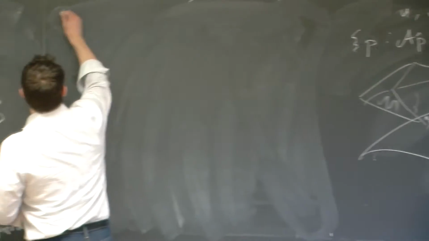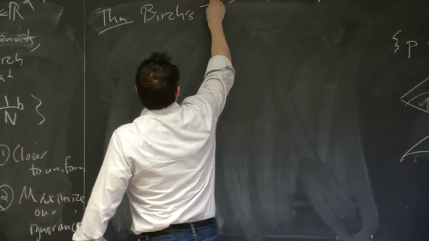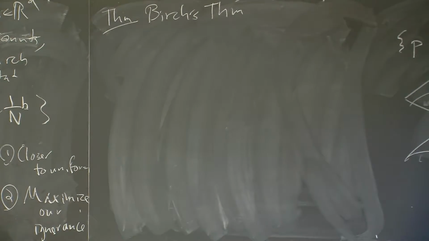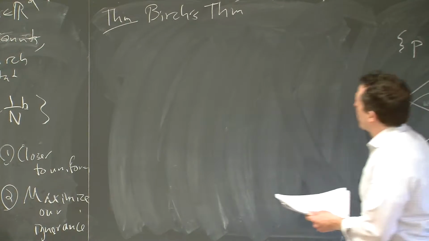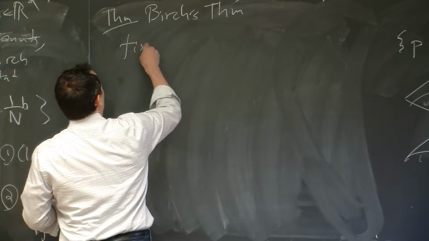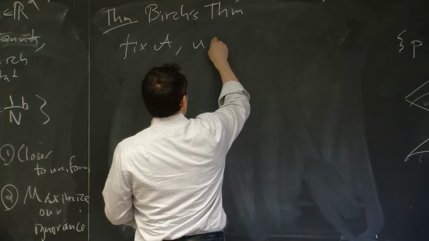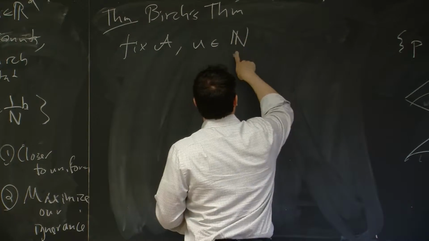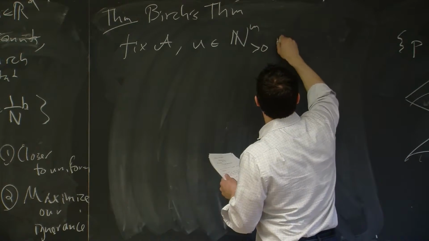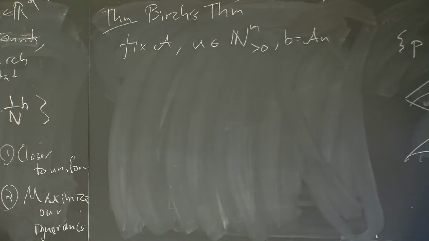Okay, so this result is called Birch's theorem in statistics. Last semester I taught a class in algebraic geometry, and I think we called it the moment map for toric varieties, which is another name for the same result. So we fix A, our sufficient statistics matrix. We fix our data vector of counts, natural numbers, strictly positive, and we let B equal A u be our vector of sufficient statistics.